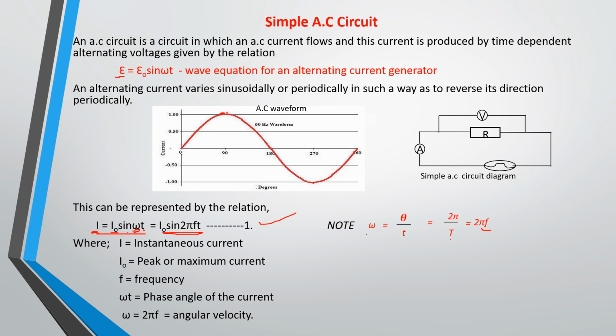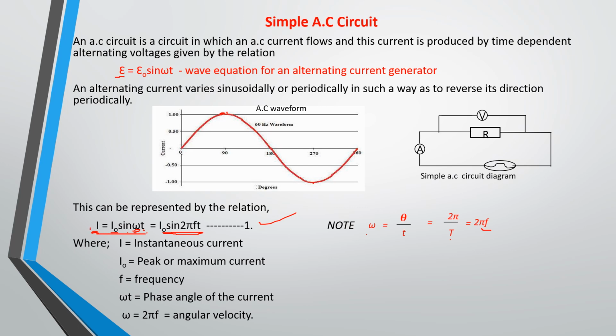Then frequency is f. Then the phase angle is that of the current, and then this is the angular velocity. So these are the meanings of the symbols for this wave equation for alternating current. Please just take note of this.